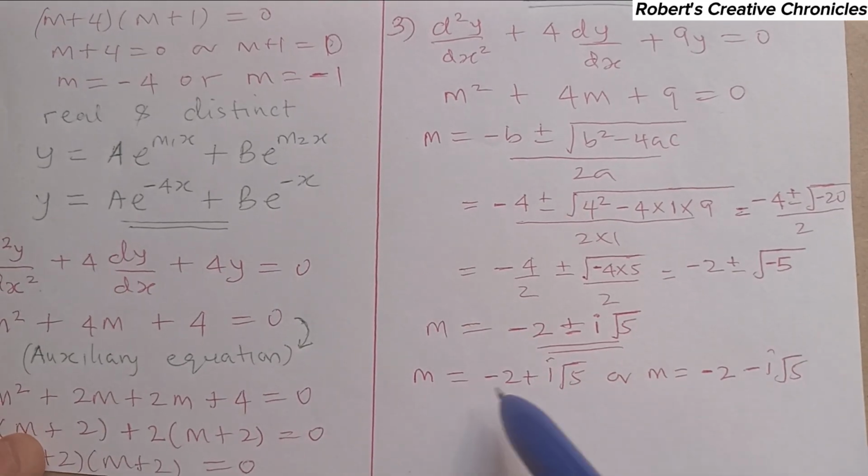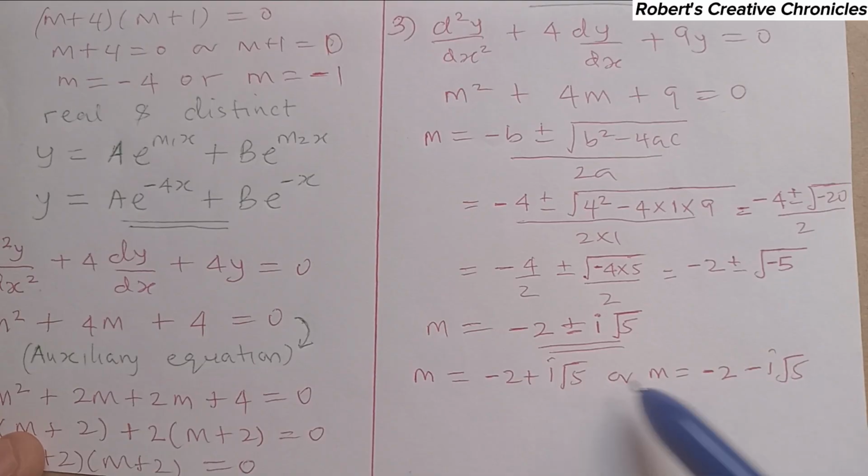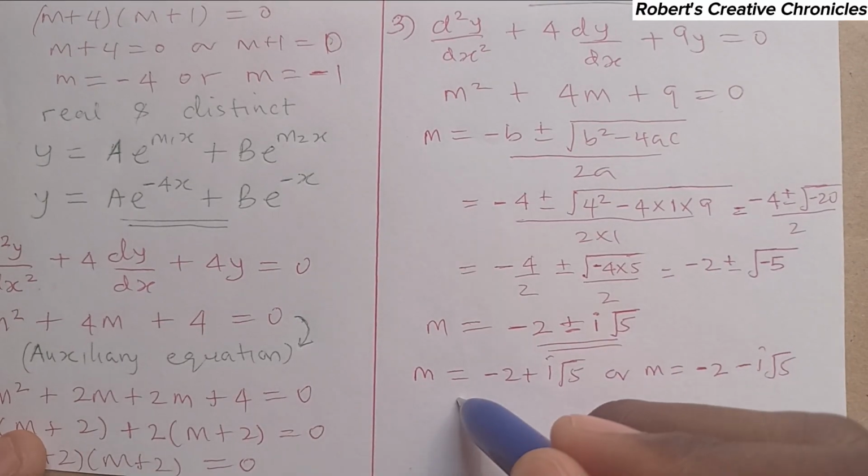And since your auxiliary roots are complex numbers, these are complex auxiliary roots.